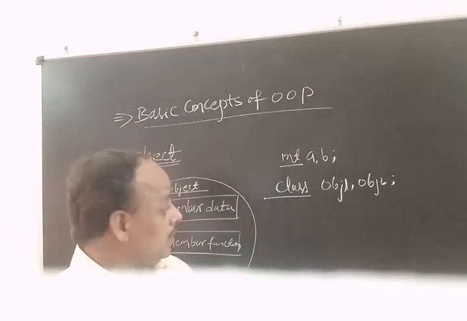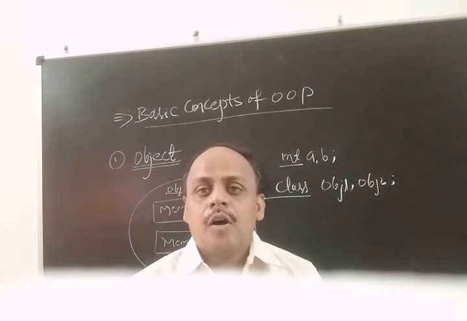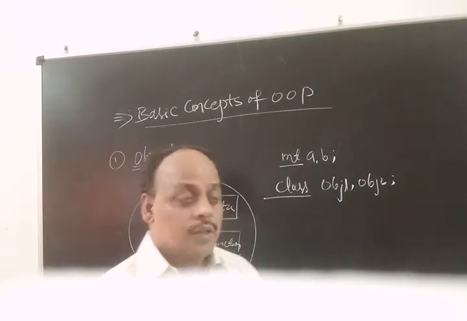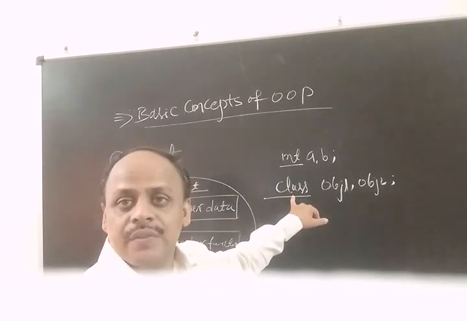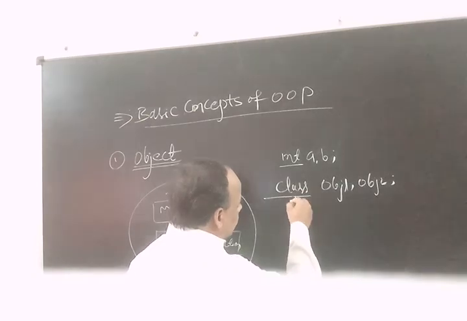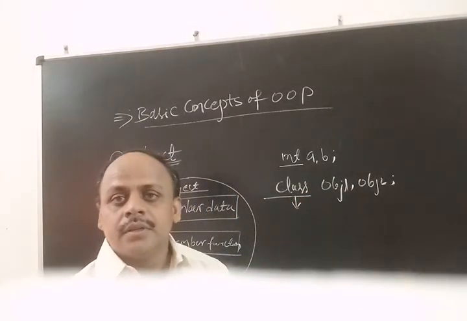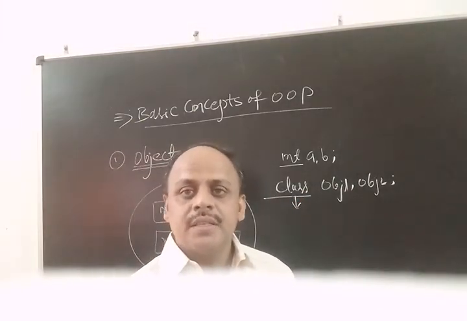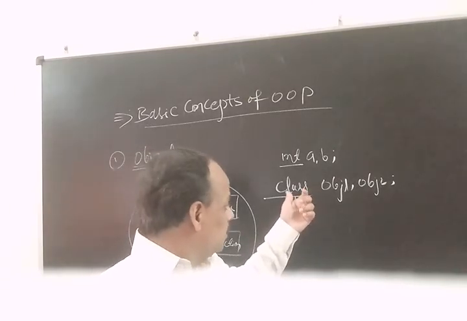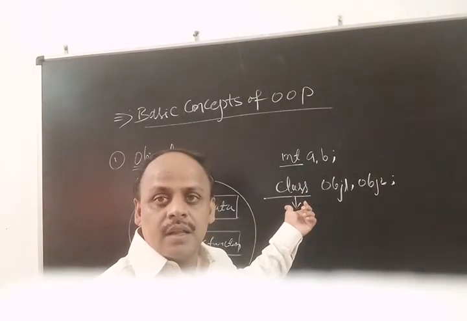So what is the definition? Objects are the class variables, where class is one of the user defined data types. If class is a data type, then what are the variables of that class?